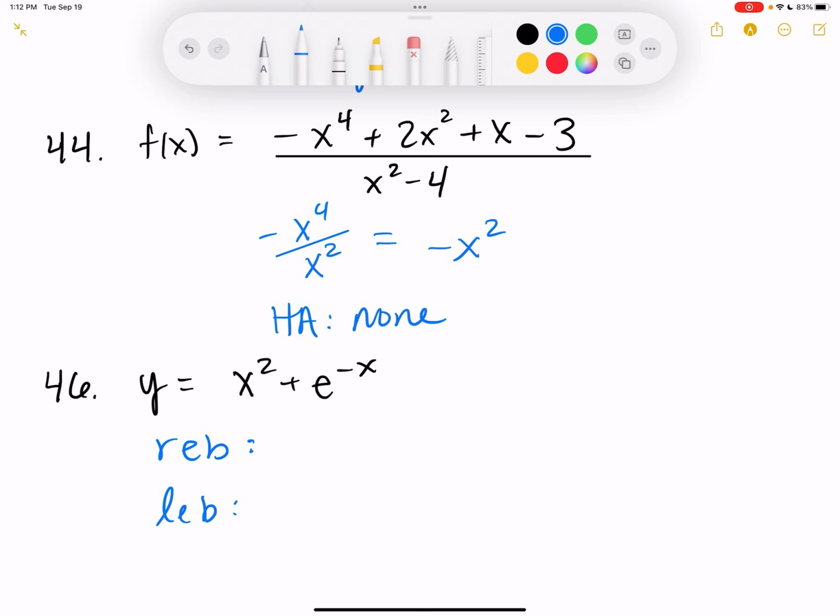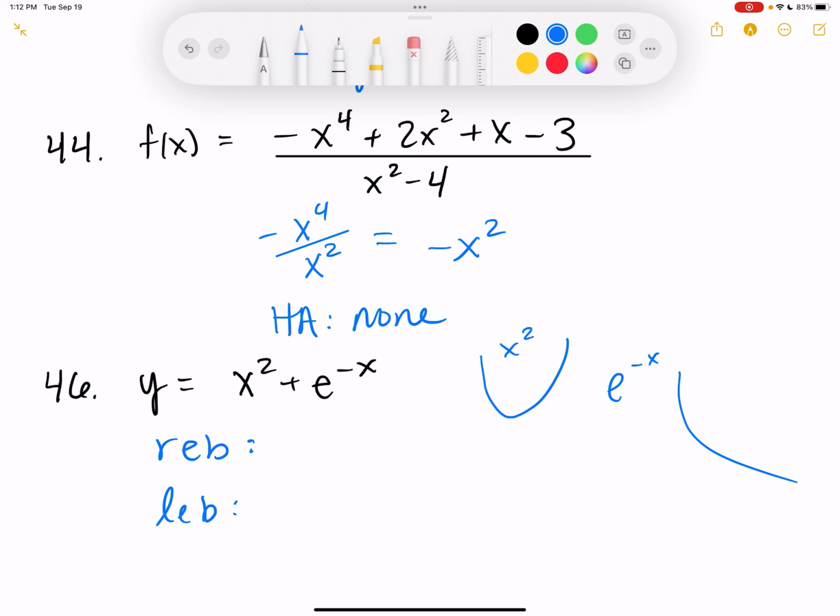It looks like a decay function. So e to the minus x does something like this. And then x squared does what? Something like that, right? So the left end behavior model, we would be using this.